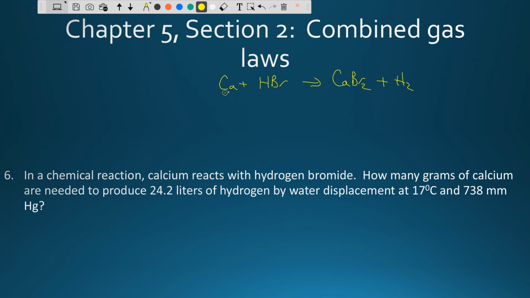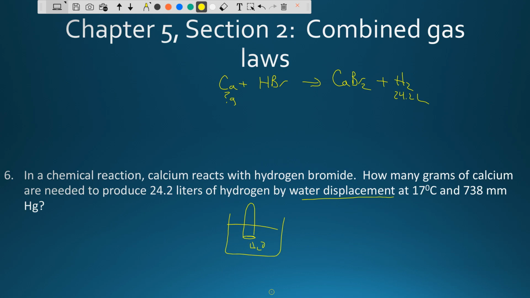So I'm going to need to know how many grams of calcium I need. We need to produce 24.2 liters of hydrogen by water displacement. Now remember what that means. Water displacement means that I'm going to be subtracting off the water, because we have a test tube where the reaction is going in.